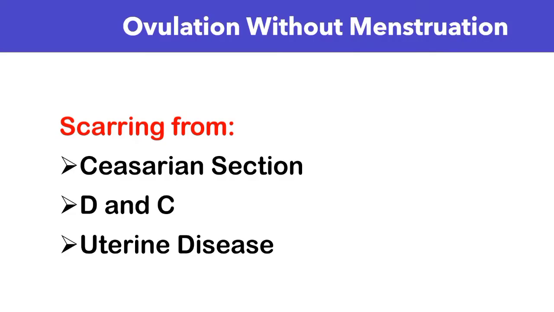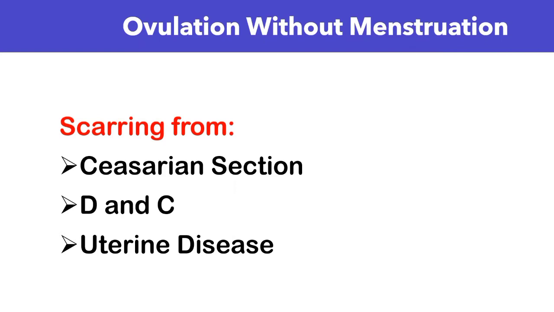How then can we have ovulation without menstruation? Usually when the uterus has a scar, it affects menstruation. The scar could be from cesarean delivery by cesarean section. The scar could come from D&C, dilatation and curettage, from abortion.